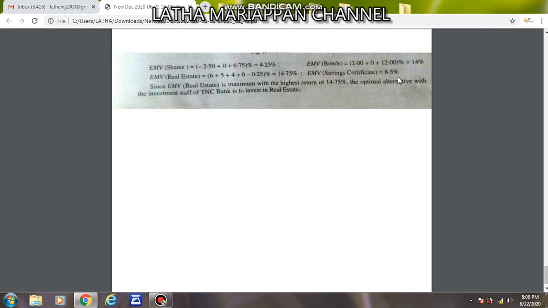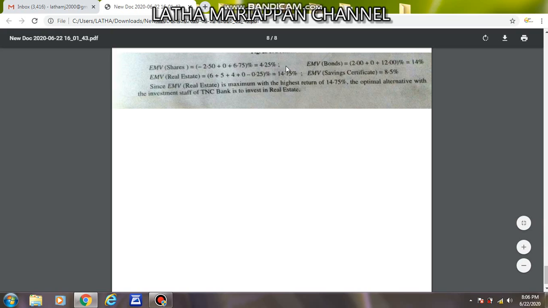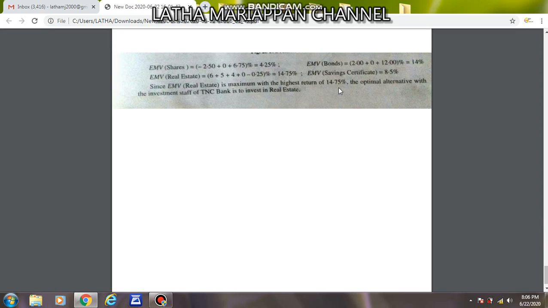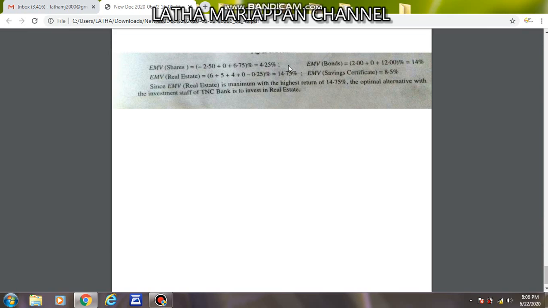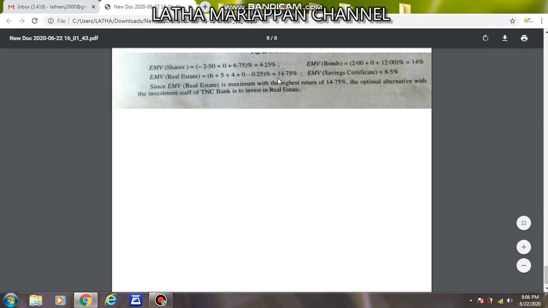Since the EMV value of 14.75 percentage is the maximum, the highest return, the optimum alternative for the investment staff of that particular bank is to invest in real estate. This percentage is more compared with the other three. Is it clear? If you invest in real estate, that bank will get a higher return of 14.75 percentage.